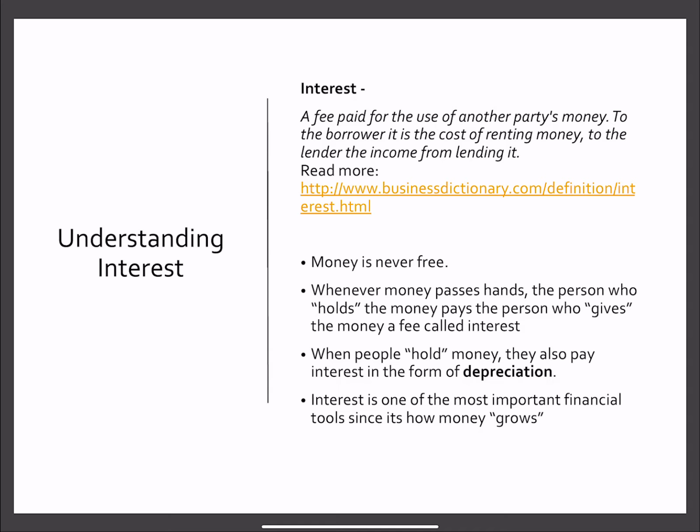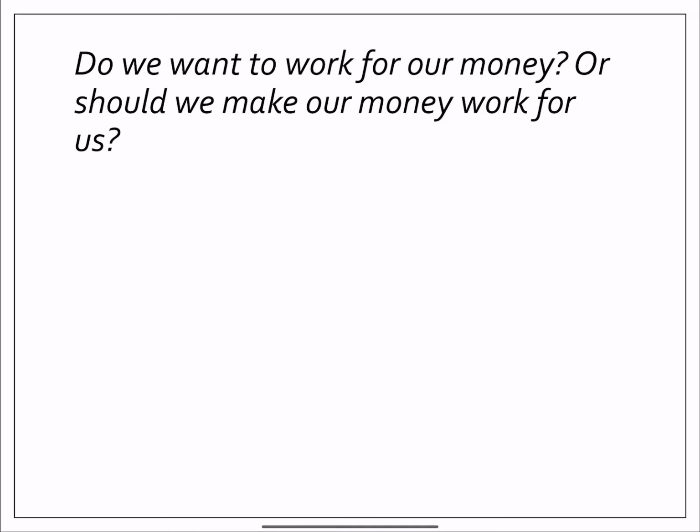Whenever you're talking money or financial tools or anything like that, interest is one of the most important things whenever you're talking finances, right? Because almost the entire system of capitalism is kind of built on interest and the fees people pay for money. So interest rates. So it's very important that we understand how to work with interest, how interest works, and just understand it in total.